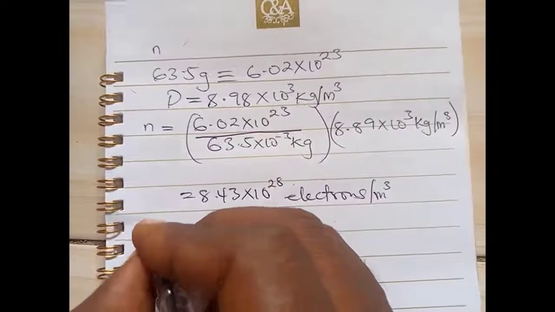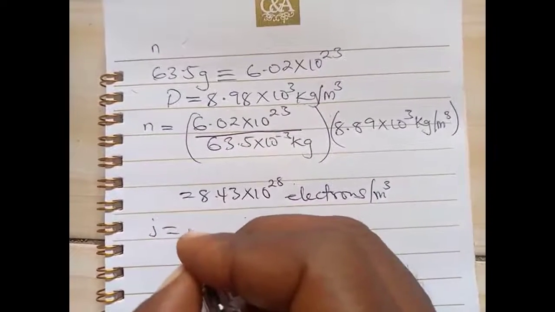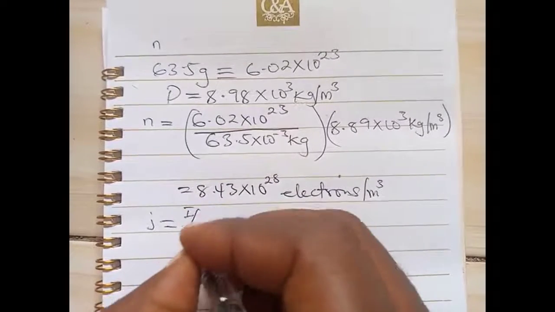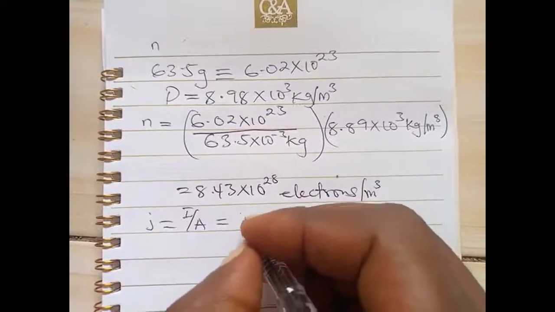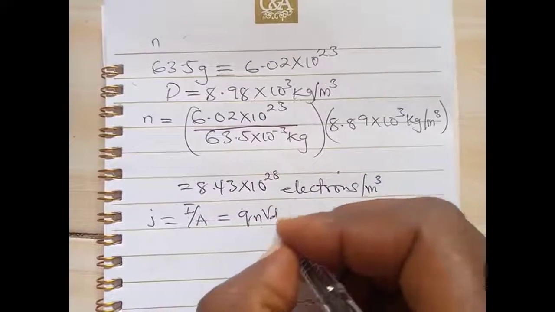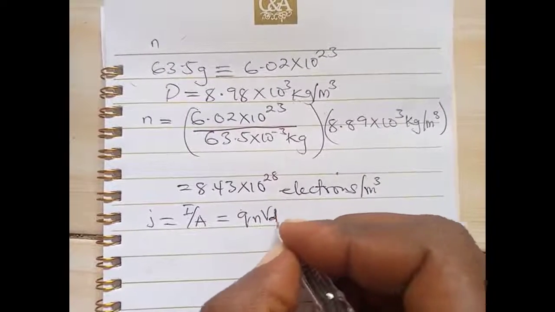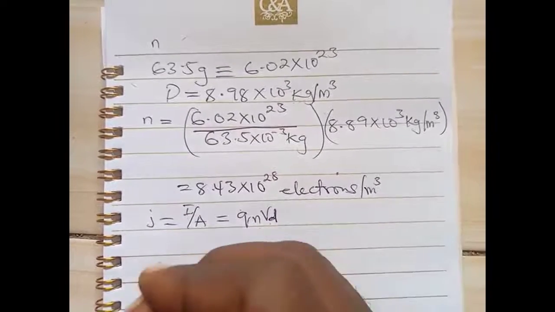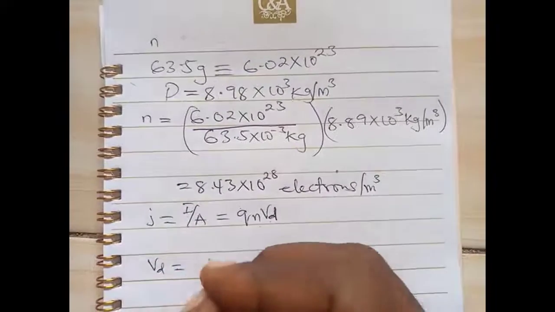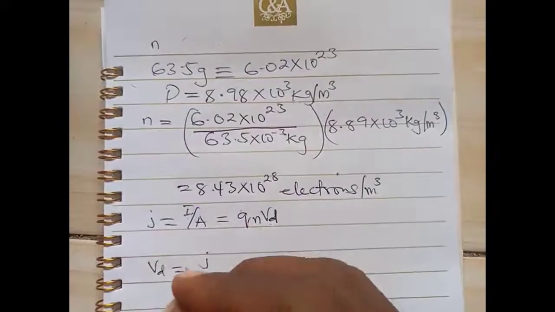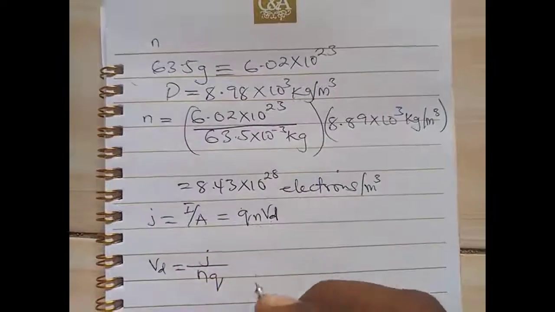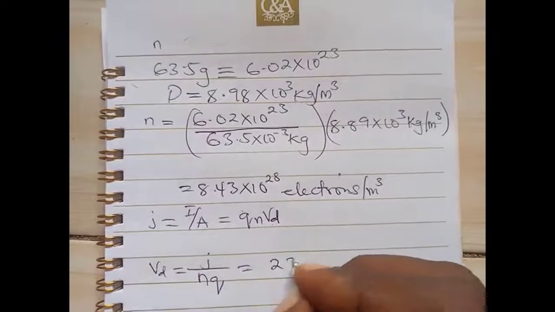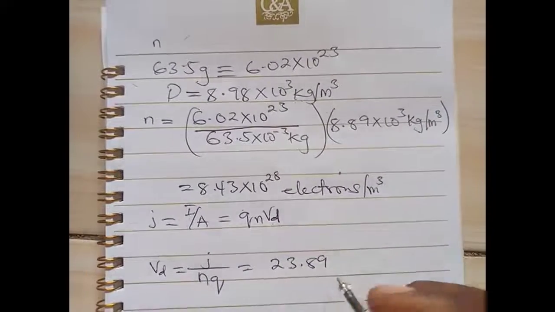Now, remember our formula for current density. We said current density J is equal to I over A, but it is also equal to the relationship it has with drift velocity. So from here, if we make drift velocity the subject of the formula, V_d becomes J over NQ. So our J, as we've calculated before, is about 23.89.